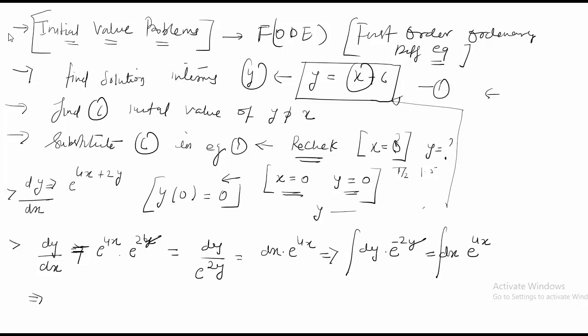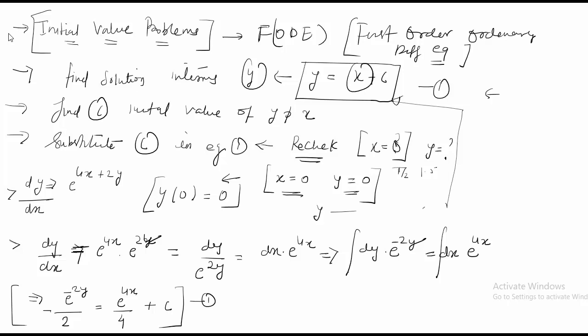When I integrate, I will get e raised to minus 2y divided by minus 2 is equal to e raised to 4x divided by 4 plus c. So this is my equation 1 which I want.